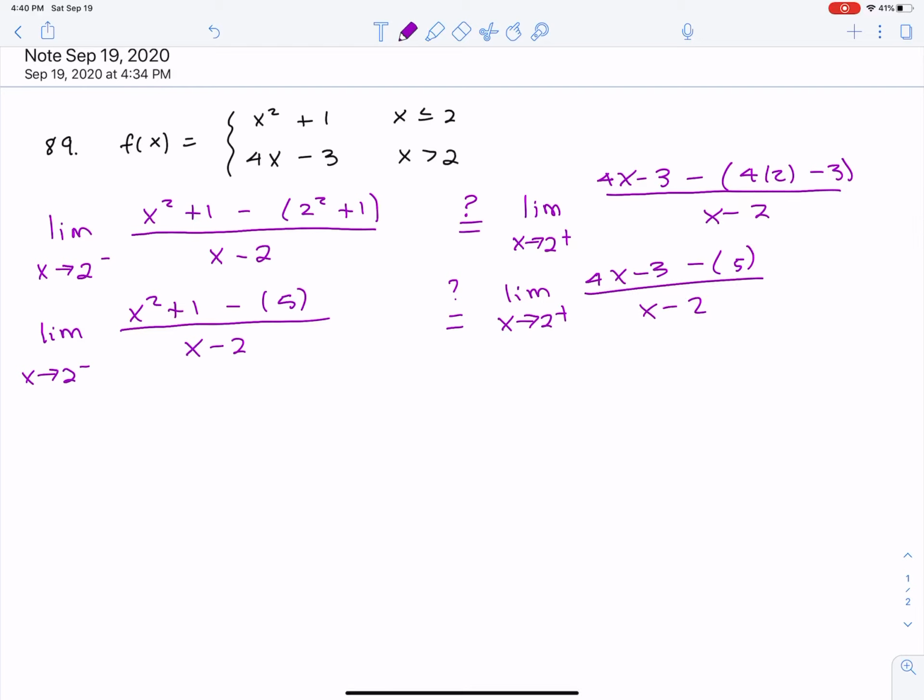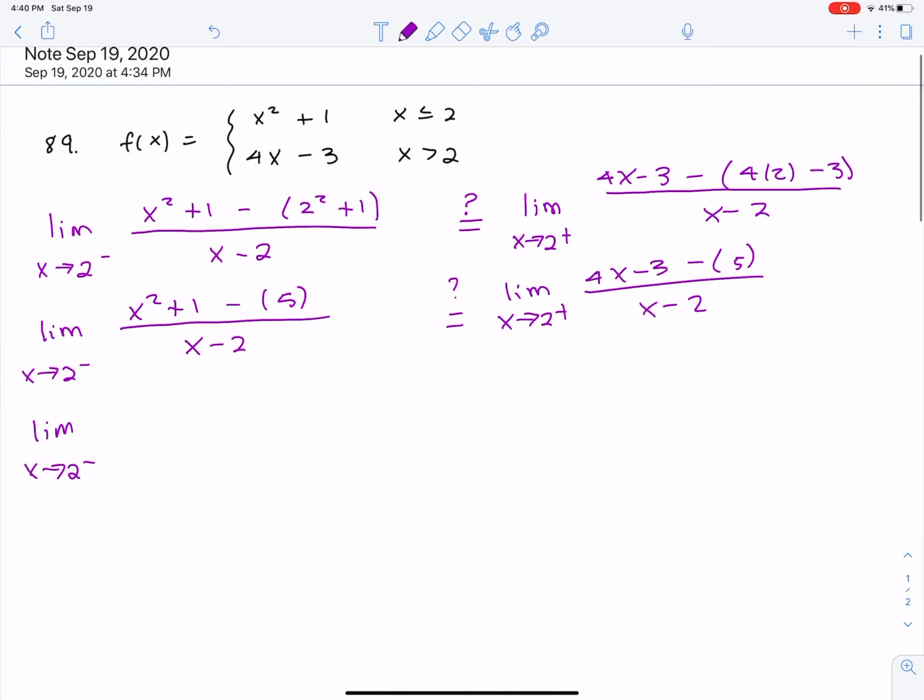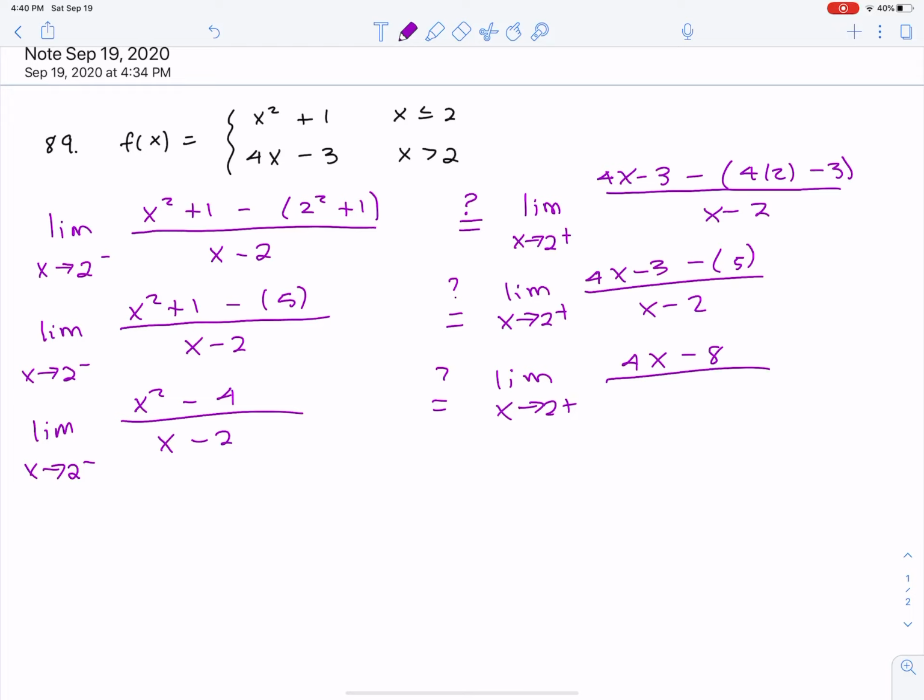Let's keep on going. I get the limit as x approaches 2 of x squared minus 4. That's nice. And is that equal to the limit as x approaches 2 from the right of 4x minus 8, over x minus 2? So kind of a longer problem.